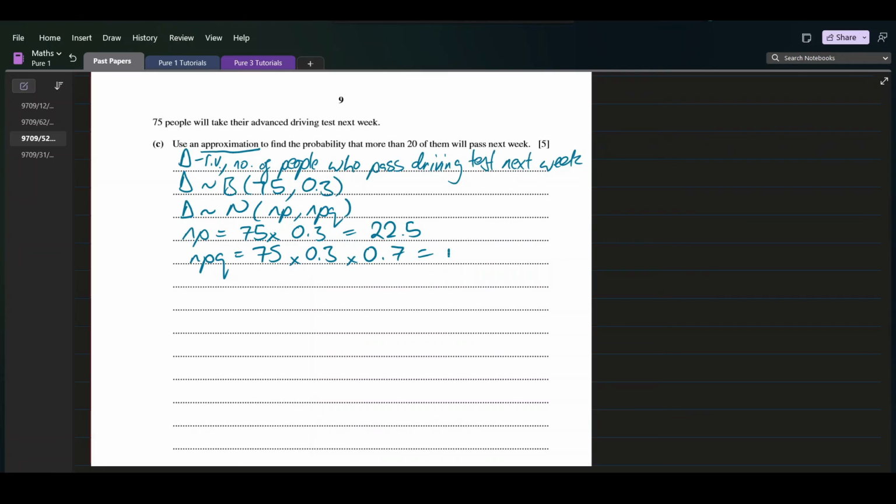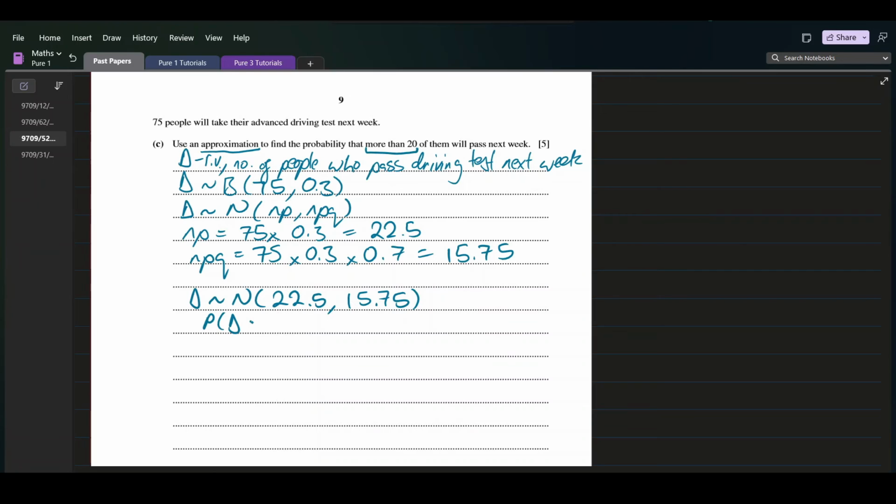So that's our variance. This means that D follows a normal distribution with mean 22.5 and variance 15.75. We are required to find the probability that more than 20 of them will pass next week.